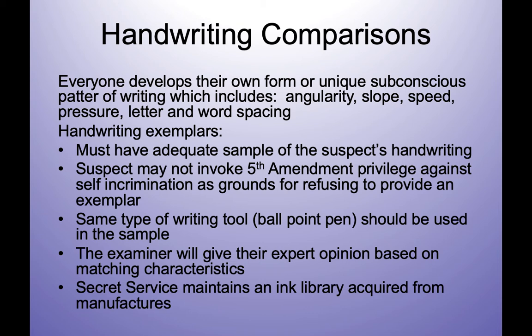Interesting note here, the Secret Service, the folks who protect the president, maintain a comprehensive library of inks and actually typesets that have been acquired over the years from manufacturers. So they can do chemical analysis and provide the source of the ink, that is, the manufacturer. Sometimes that's a clue or helpful in an investigation or to link somebody to a subject item.